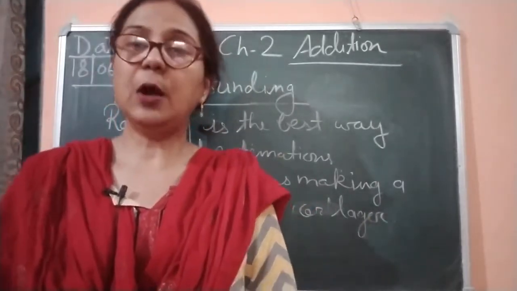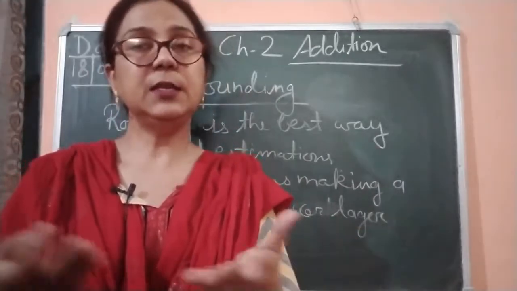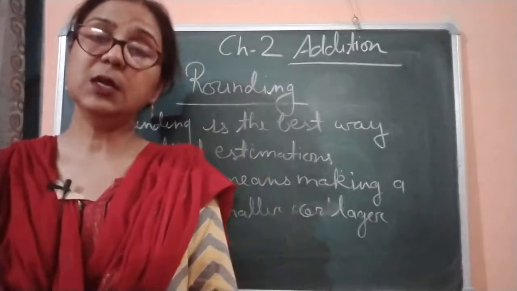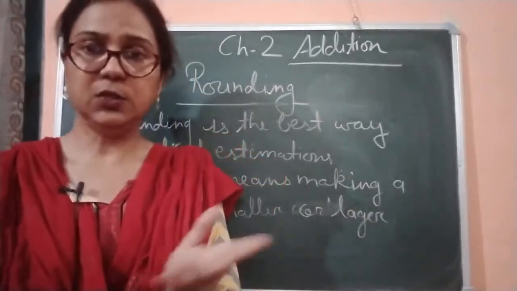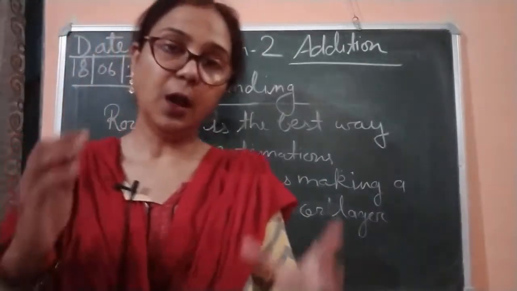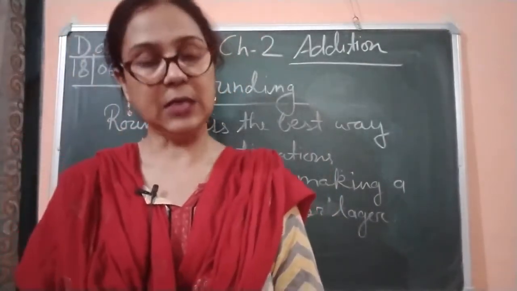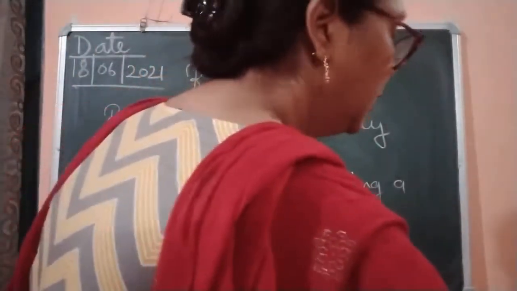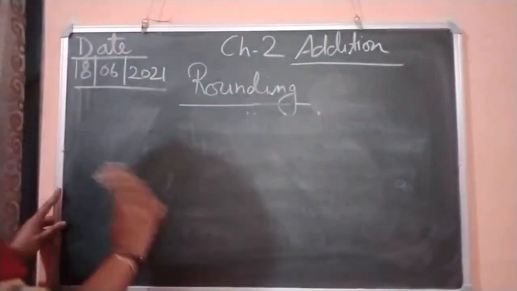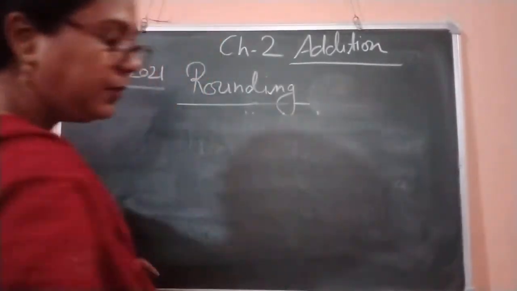We round numbers to the nearest tens, nearest hundreds, nearest thousand, nearest 10,000 and so on. So first we should know how to round off a number to the nearest tens. Okay children, so let's start.